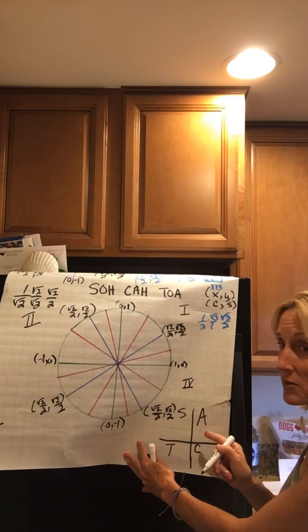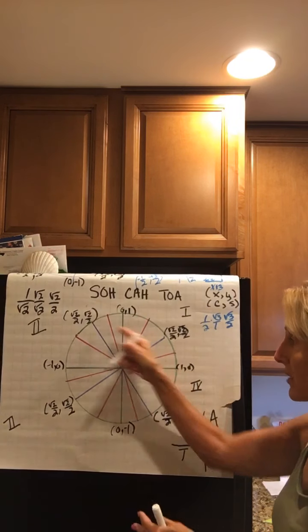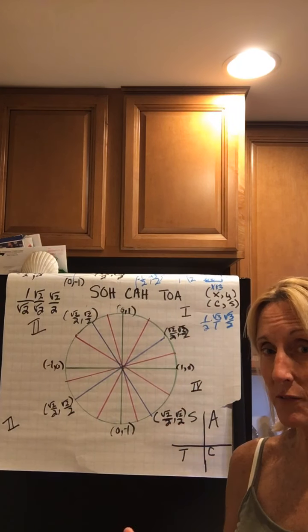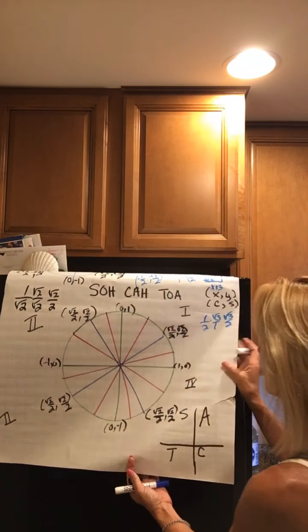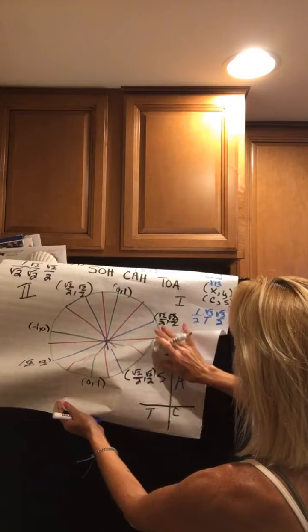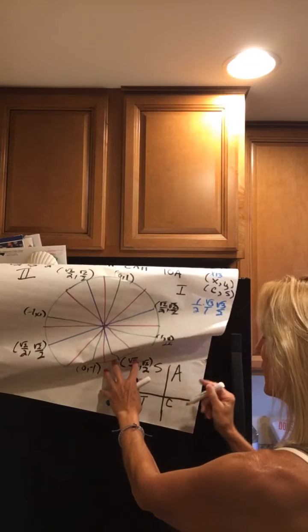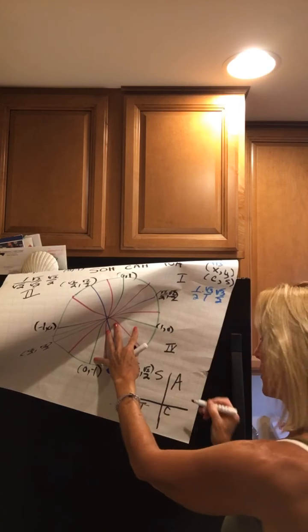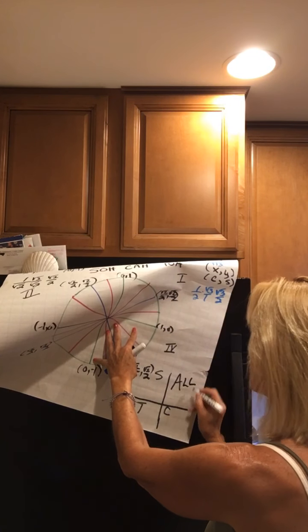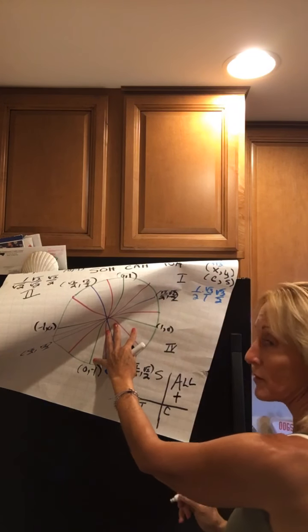What that means is, for your signs, like if you notice, I didn't put any positive or negatives here. So what this means is, let's see if I can make this a little clearer up here. All my signs in quadrant 1 are positive.